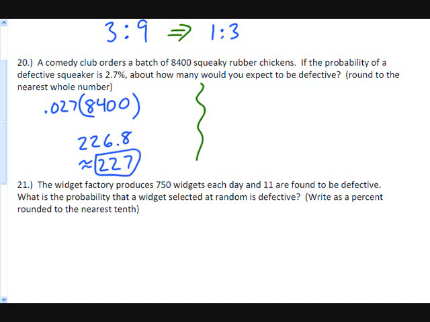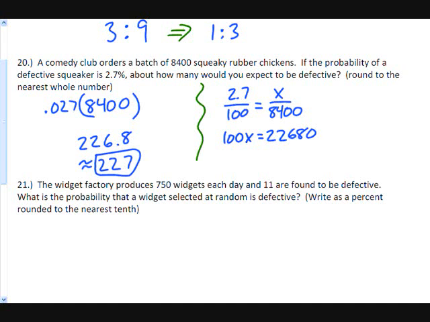The other option for doing this is if we set up a proportion. Remember, percentage, it's like 2.7 out of 100. And then we want to know how many out of the 8,400. And then we could cross multiply the 2.7 times the 8,400, which is 22,680.